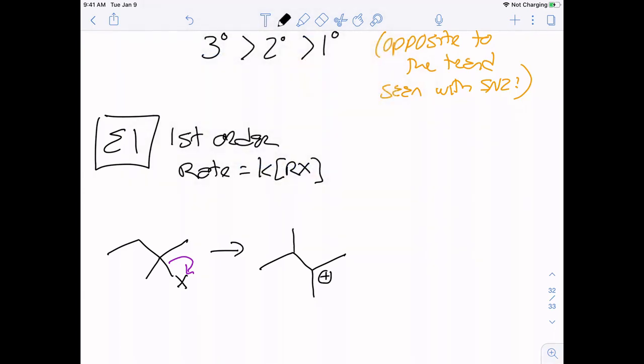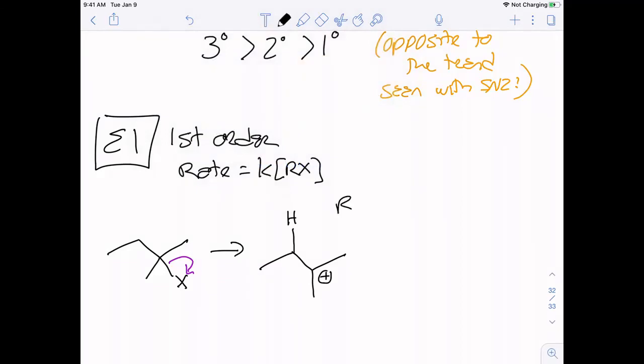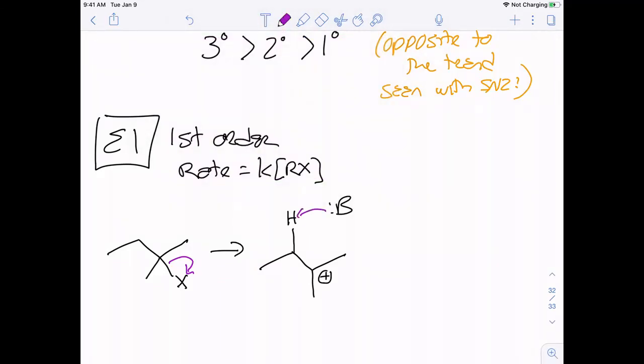I do need to draw hydrogen. Base. So the base takes the proton, and the electrons between the proton and the carbon go down to make my pi bond. And then we are following Zaitsev's rule, which is why we took that proton and not one of the ones on the other adjacent carbons. So this is my major product.